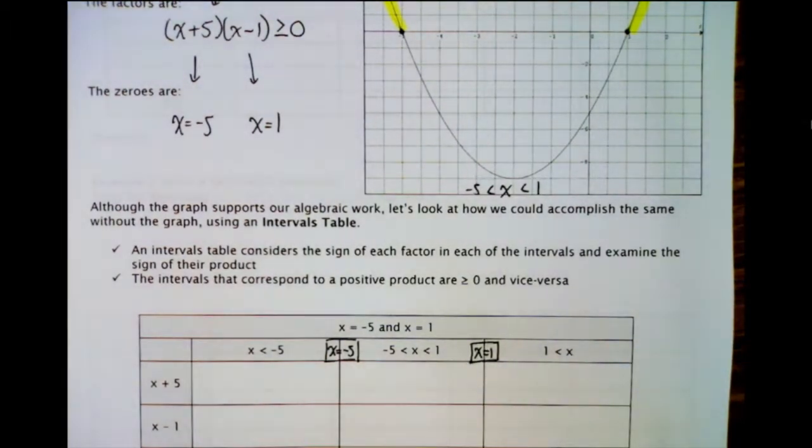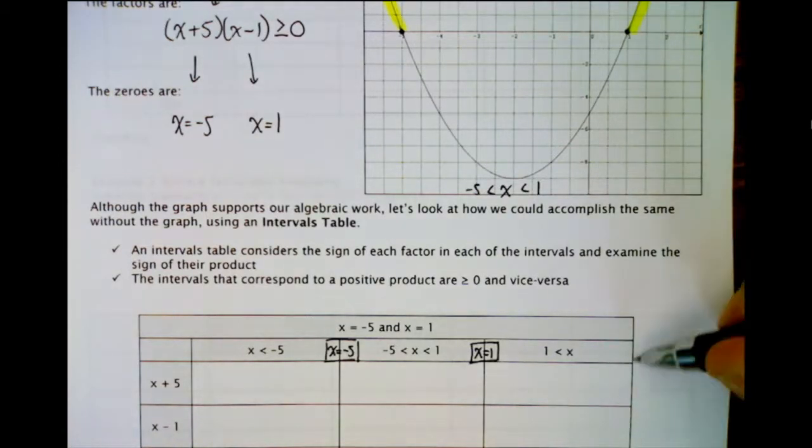If you had more roots, you could create more intervals. Like if we had a degree 3 polynomial, we could have up to three roots, and therefore we would have an extra interval because we'd have another root and therefore another interval outside that root. The number of roots dictates how many intervals you would have in your interval table.